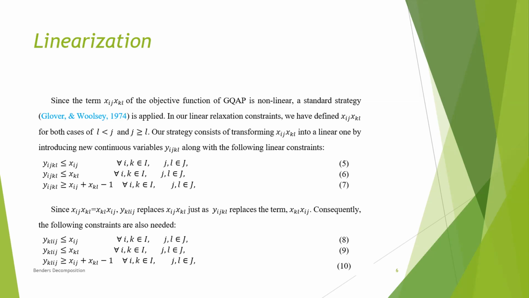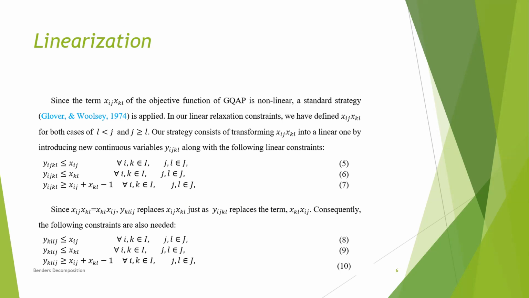But from our point of view, we know that xij multiplied to xkl is the same as xkl multiplied to xij. Therefore, we can replace variable y kl ij with the variable y ij kl. Therefore, for the new variable y ij kl, we have the same condition as the variable y kl ij.